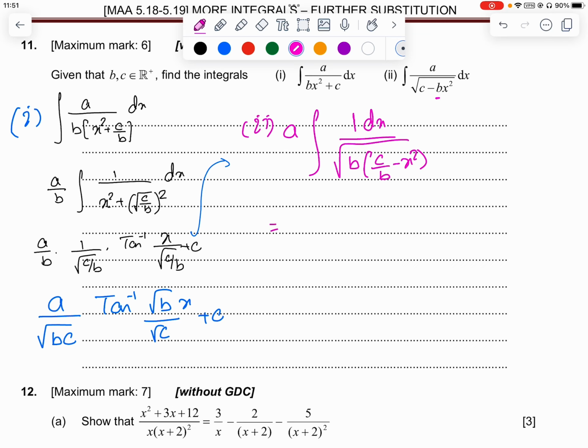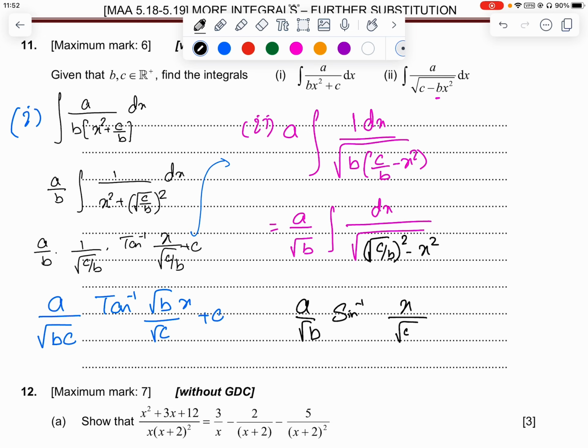So it becomes a upon square root b, then integral dx upon square root of (c upon b) whole square minus x square. So it is nothing but sine inverse. So a upon square root b sine inverse x upon square root c by b plus c. This is going to be the answer.